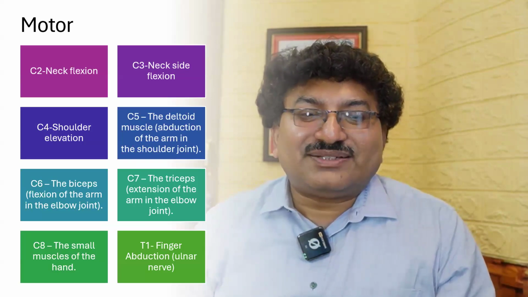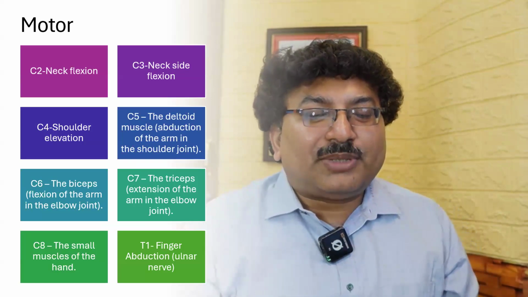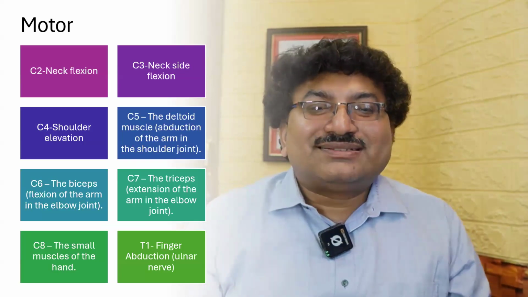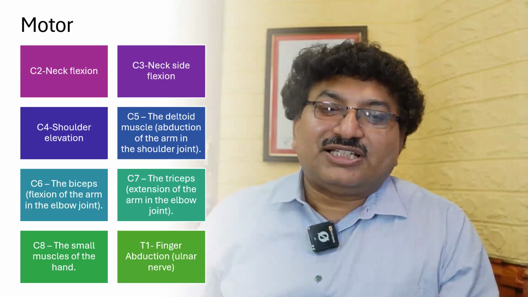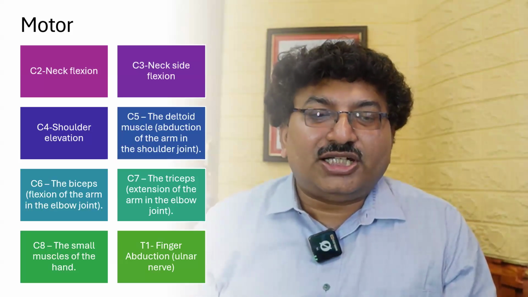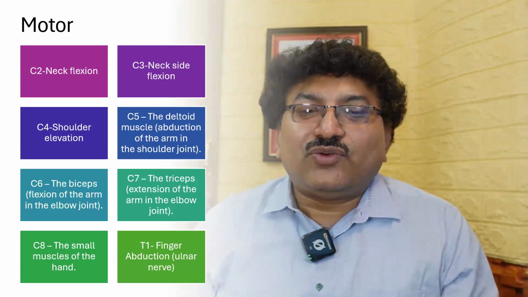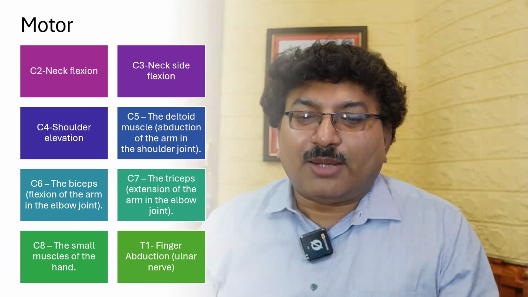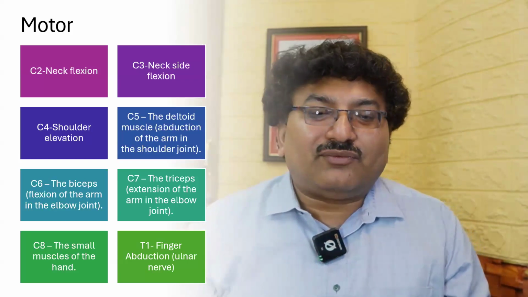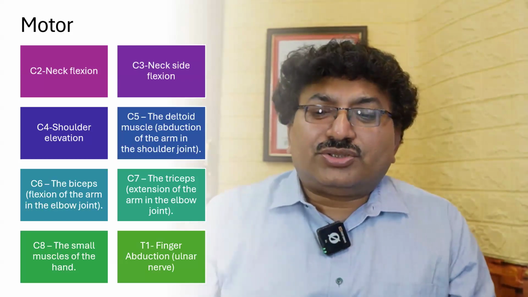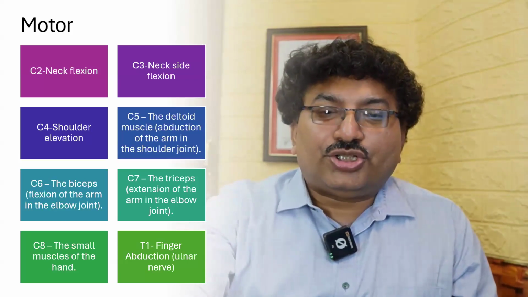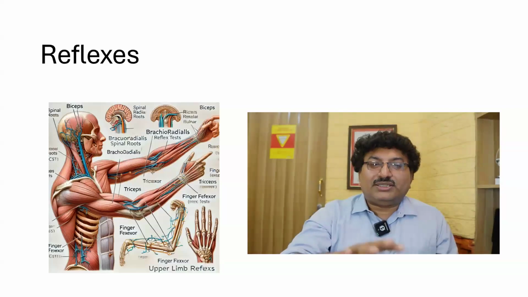C6, the biceps, the flexors of the arm at the elbow joint could be affected. C7, triceps, the extensor of the upper arm is affected. C8, small muscles of the hand are affected. T1, the finger abduction, meaning the ulnar nerve, could be affected. So these are the usual points to note whether they are present or not.